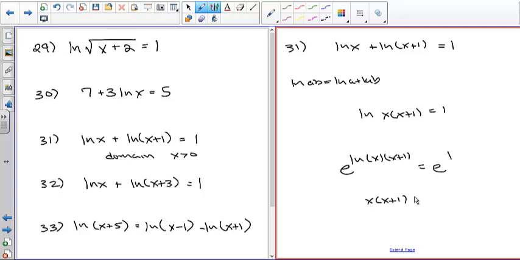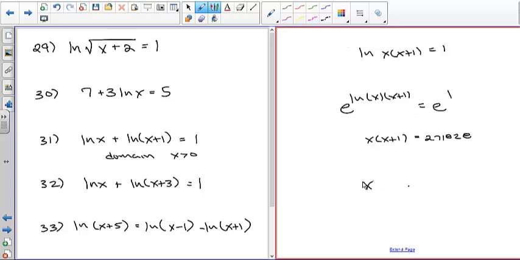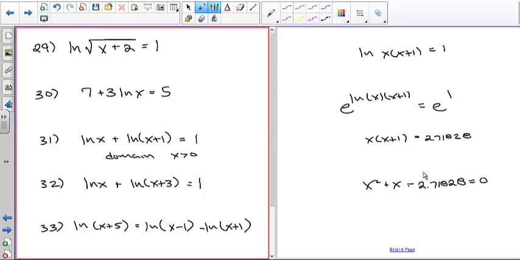And on the right hand side I have e to the 1 power, and e to the 1 power is 2.71828. So if you multiply these out, you get x squared plus x, and subtract 2.71828 from both sides, and you get this quadratic equation, which then you have to solve using the quadratic formula.